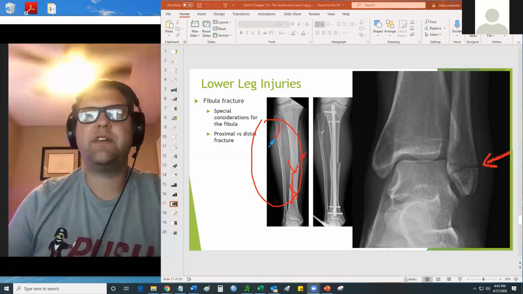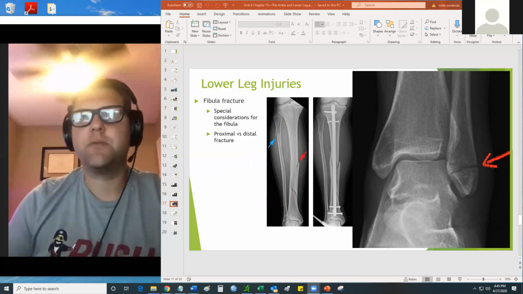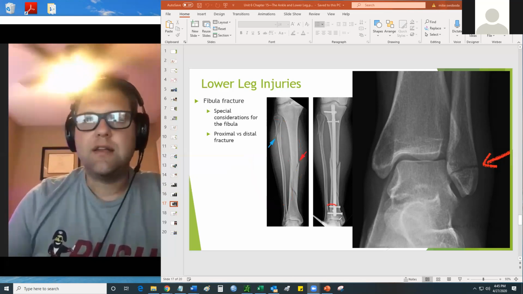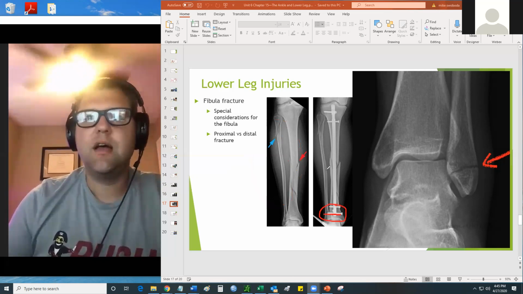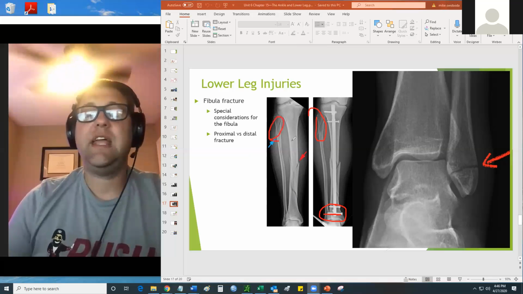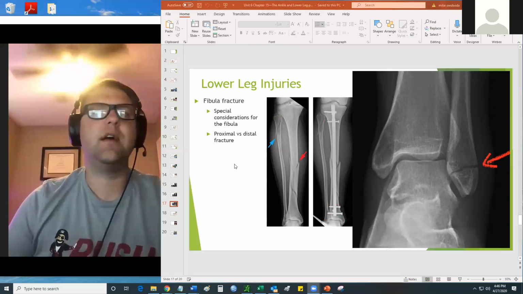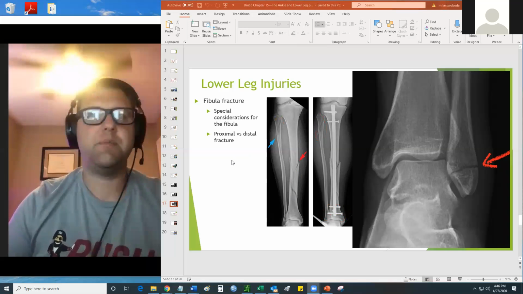But if you notice in the second picture, granted, this bottom screw goes through both the tibia and fibula, but there's nothing done to this fibula fracture because it will most likely heal on its own. It doesn't really put you at any kind of real risk for any future injury or instability, because the fibula is non-weight bearing.